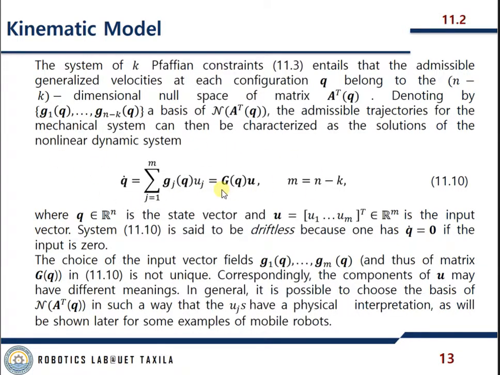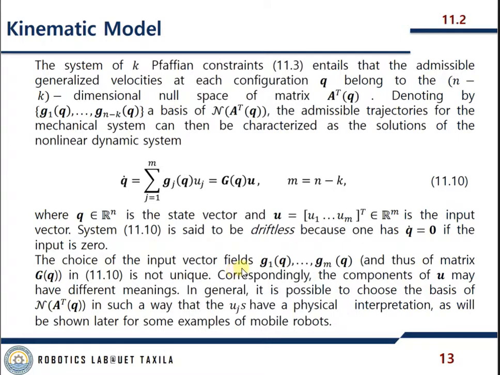This equation can be used to describe its motion. As long as the motors are running, the robot is moving, and as the motors stop, the robot stops moving. In actuality we have another factor, which we'll discuss some other time. For simplicity, it's going to be driftless if there is no input.